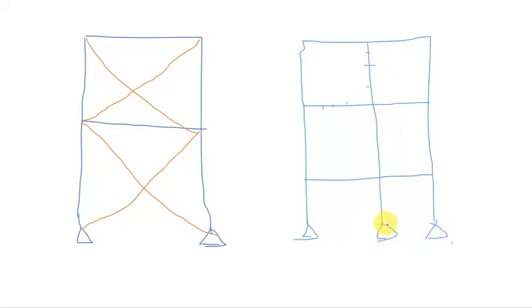So bracing in concrete structures is usually just a shear wall, where you find a very big concrete wall running from the foundation. Let me do another color for that.